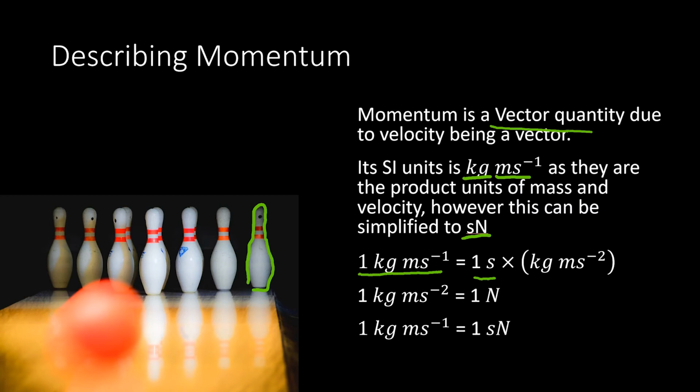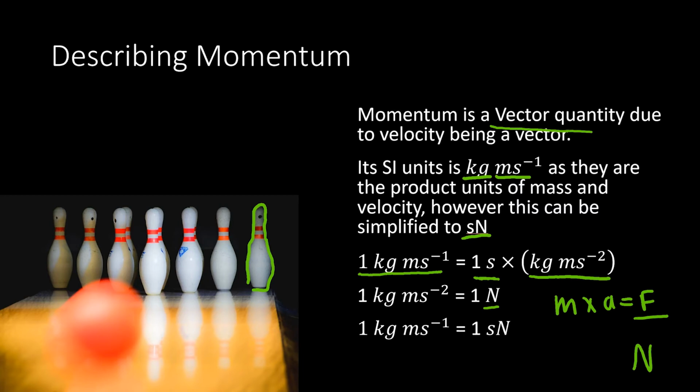We're literally drawing that second out of the meters per second here, converting that into an acceleration. And as we know, mass times an acceleration is equal to a force, and forces are in newtons. And so what we do is we replace kilograms and meters per second squared with newton. Where does our second go?